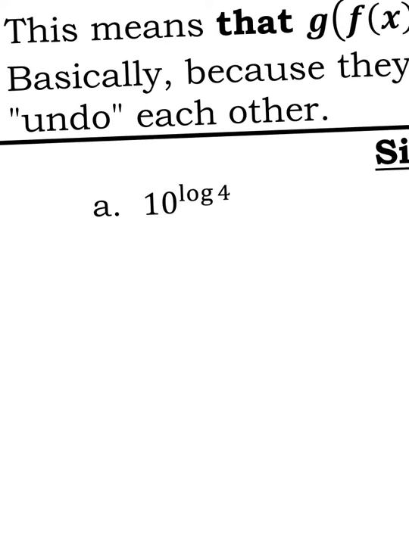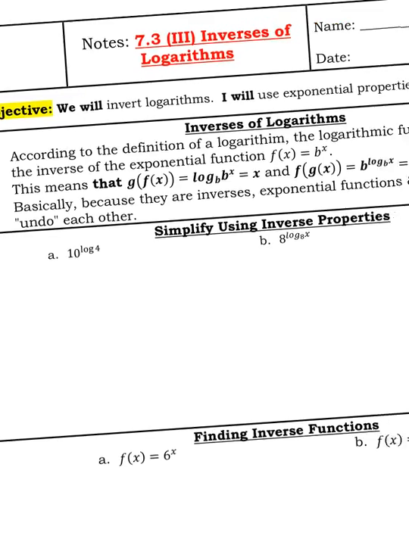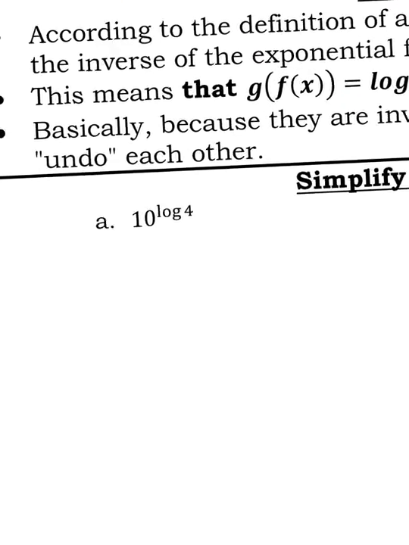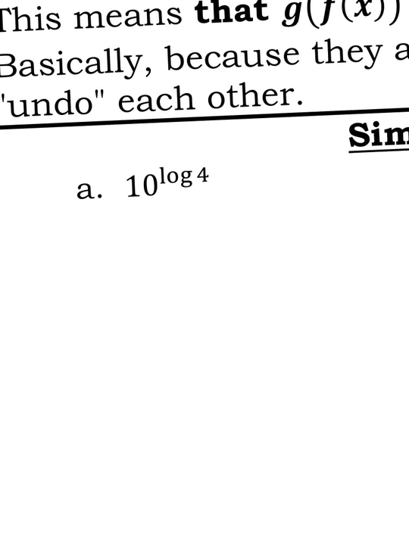So, 10 to the power of log 4, and we're simplifying it using inverse properties. Alright, so when I introduced logs to you in, I guess, part 1, I mentioned that if there's no base for the log, it was assumed to be 10. So it might help, while I'm explaining this example, to write this as 10 to the power of log base 10 of 4.